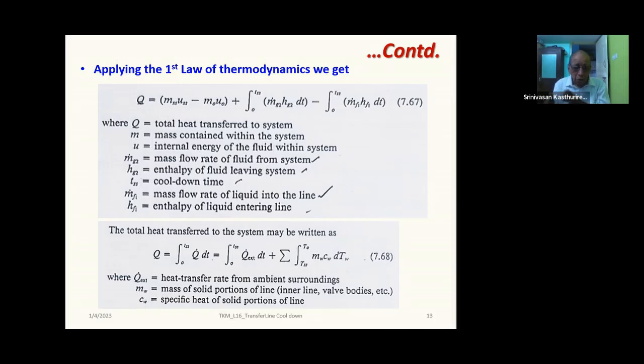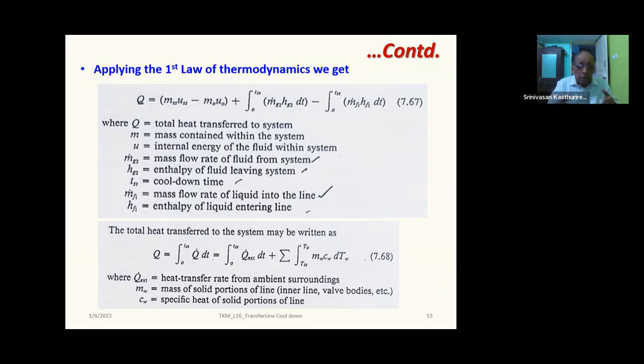So m dot G2, and its enthalpy is H_G2, because we are talking about the second, the outlet. So m dot G2 multiplied by H_G2, which is the enthalpy per unit mass of gas flow. We are integrating over the time period from 0 to T_SS, so you have to multiply by dt.